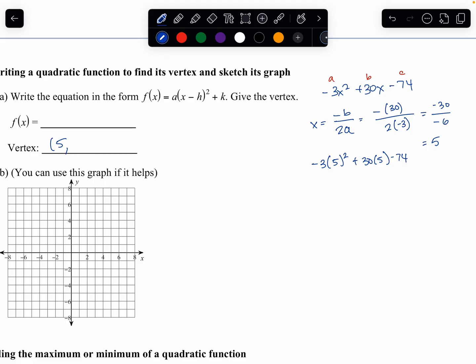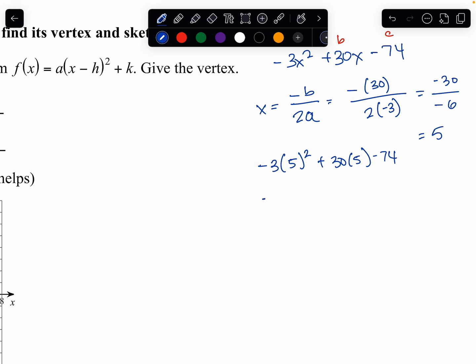If you can type this into your calculator, great. So -3 times 25 plus 30 times 5 minus 74. Okay, that's not bad. That's going to be -75, plus 150, and then minus 74. Does that come out to be like 1? Let me double check. So I got -3, 5 squared plus 30 times 5 minus 74.